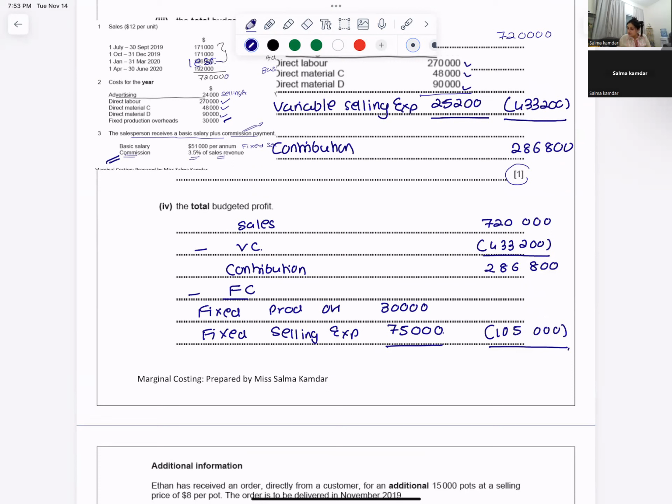Contribution minus the fixed cost is going to give me the budgeted profit, which is 181,800.